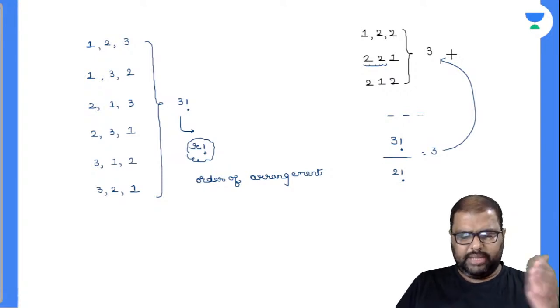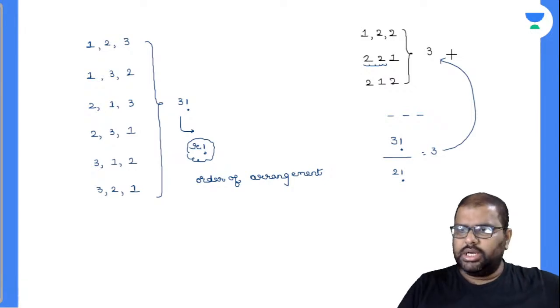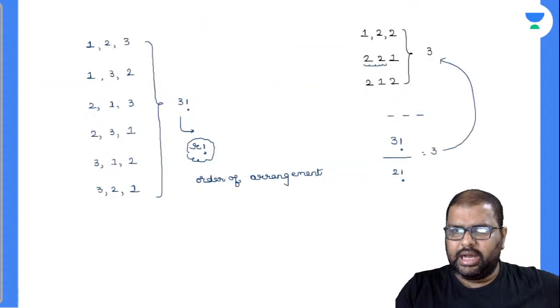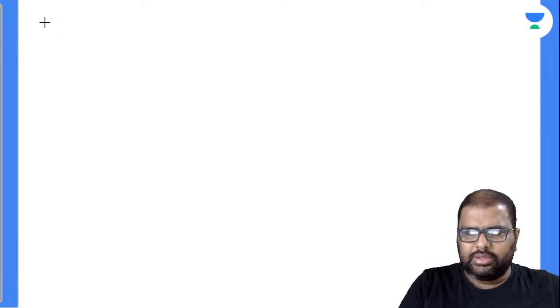I can use the same logic for alphabets also. Now this is the case with permutation and combination. I can write down the same logic with alphabets also. I'll give you one example regarding this. I'll write down the things.